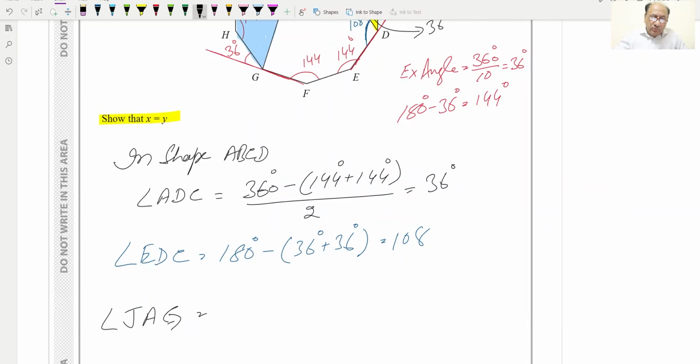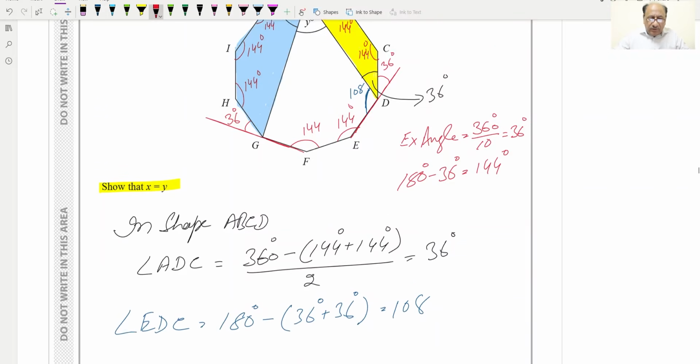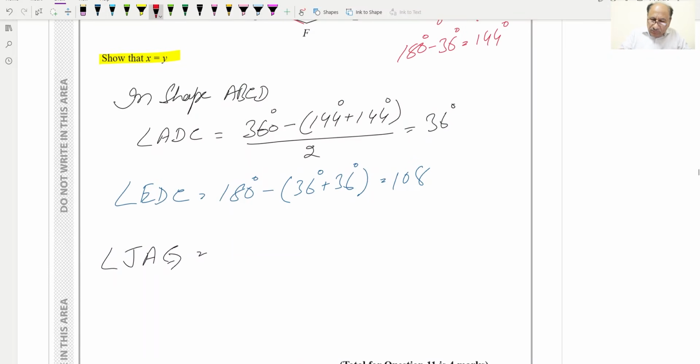We can split it into 3 triangles, or we can apply the formula for the sum of interior angles, 180 into n minus 2.